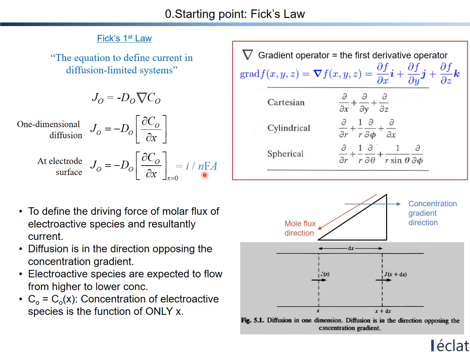Therefore, it is the reason why I said Fick's first law is the equation to define current. I mean, the current is obtained from the surface concentration gradient. That is the meaning of Fick's first law.